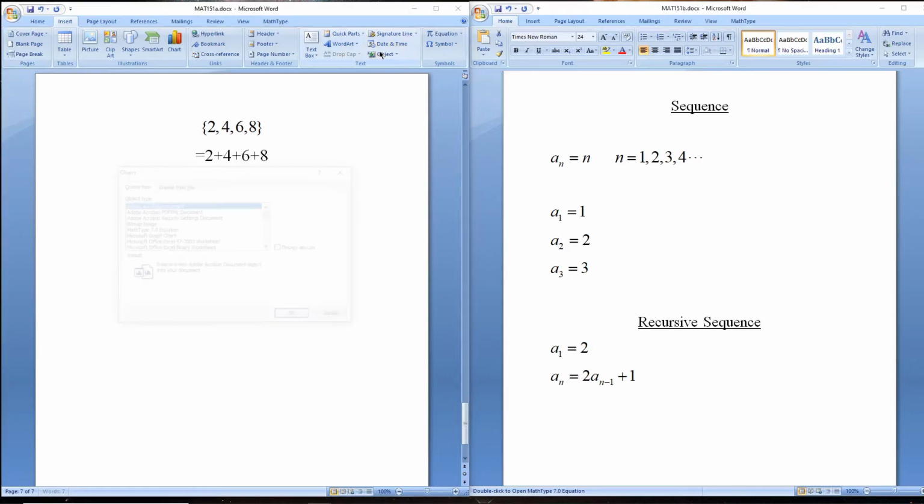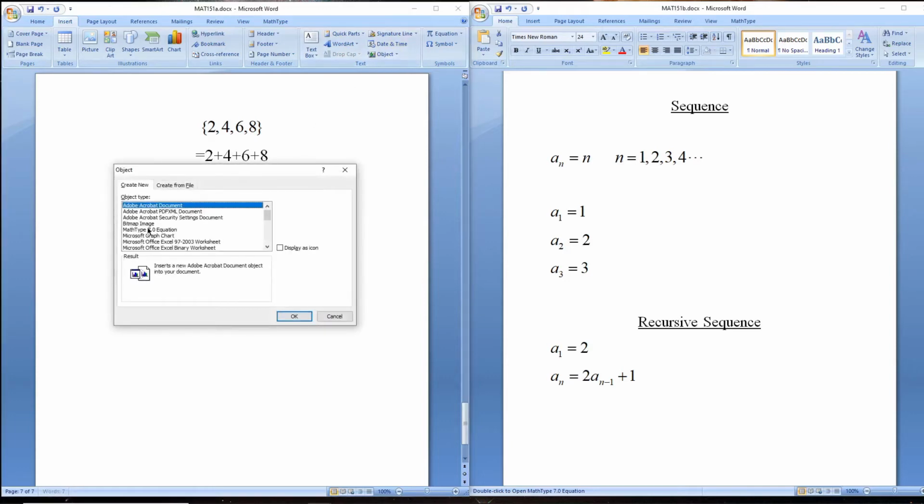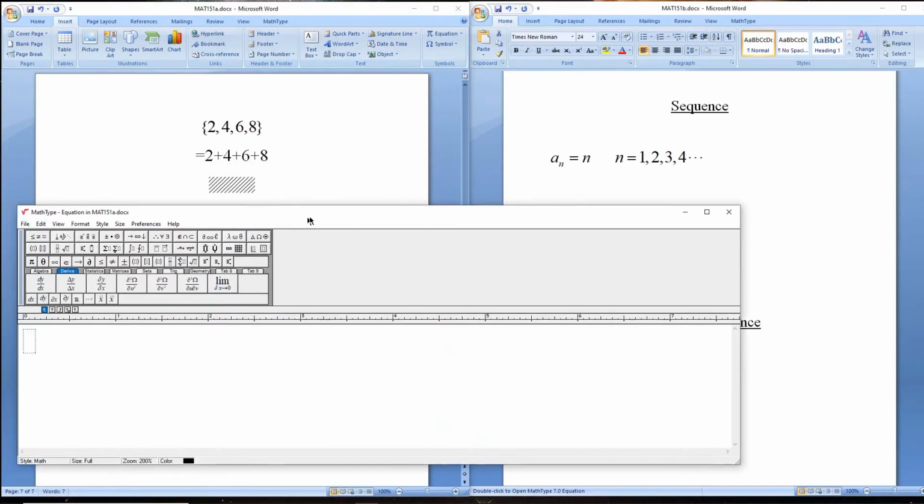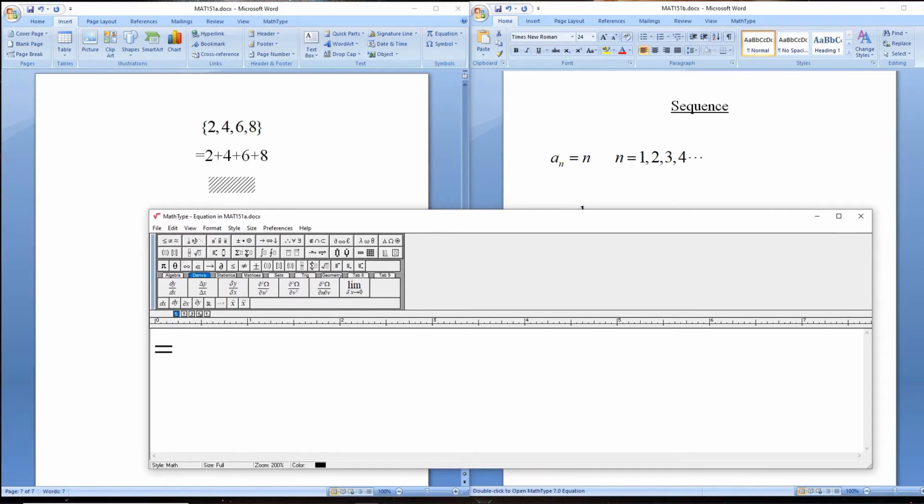But let's put this into our sequence notation. Notice that 2 in our sequence we would call a sub 1. The next number, this 4, we call a sub 2, and so forth.